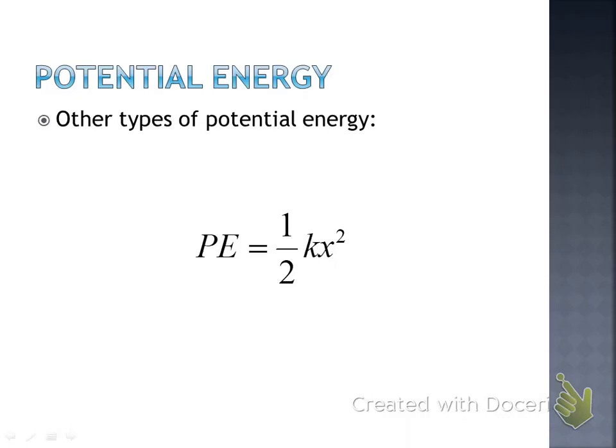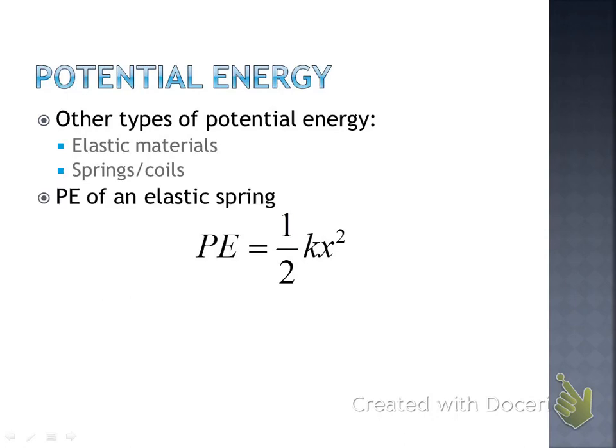Okay, the potential energy of a spring is a little different equation, and it looks like this. Potential energy equals 1/2 kx squared. K is a new variable for us. K is called a spring constant. So whenever we see a K in our equation, we have to know that we're dealing with springs, because it's called the spring constant, right?